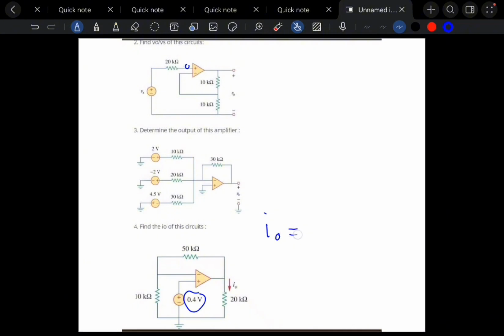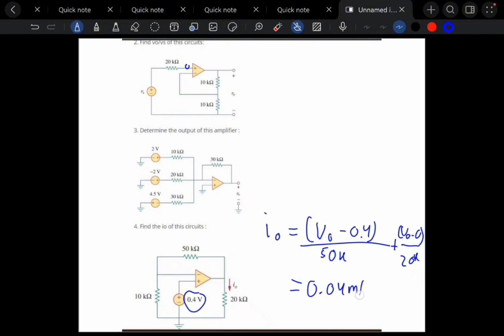The math is... which equals 0.04 mA plus 0.12 mA, which results in 0.6. Okay, thank you for listening, guys.